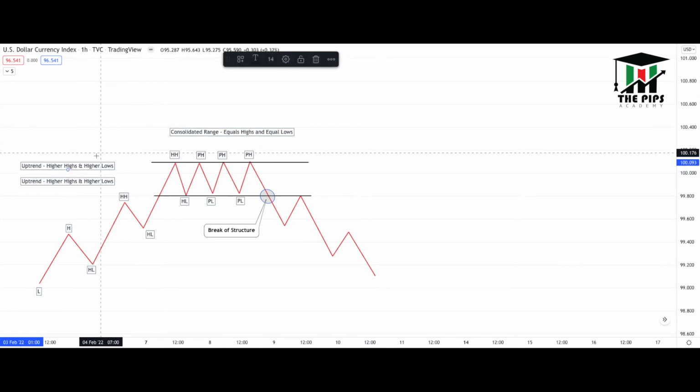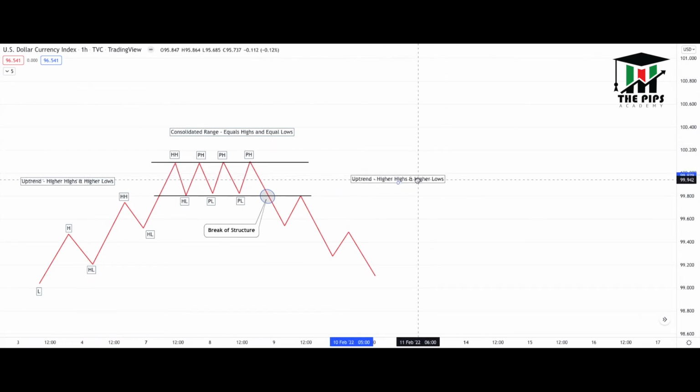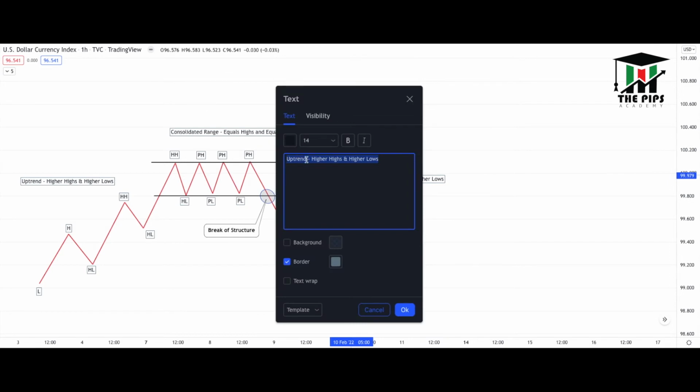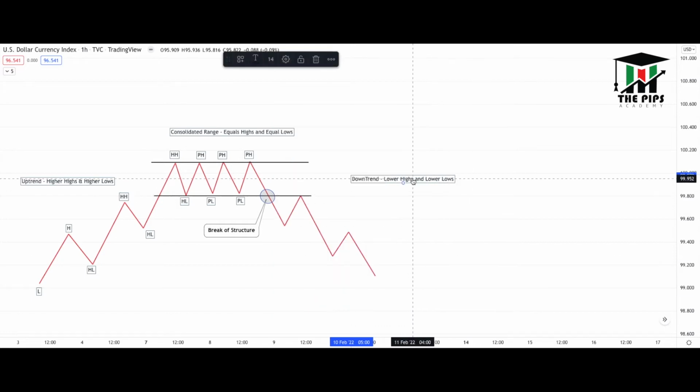Now let's look at the other one. For a downtrend, we start getting lower highs and lower lows. Okay, so we can look at this like so.